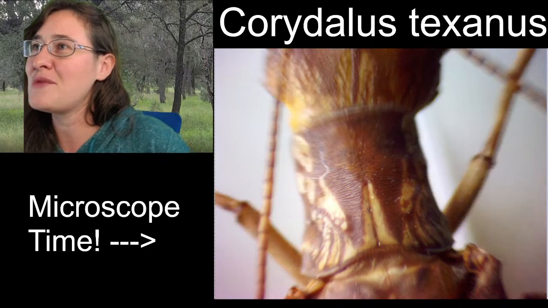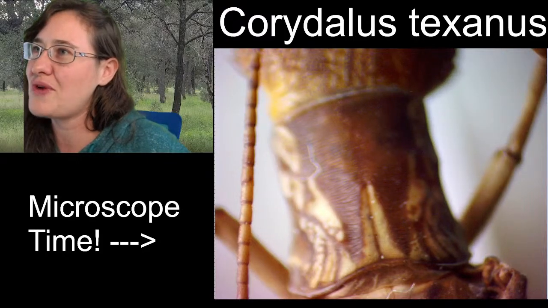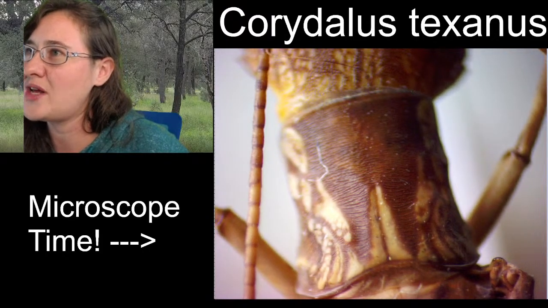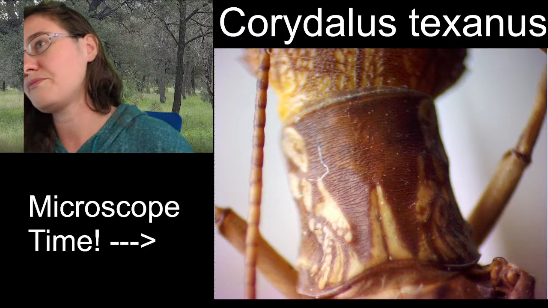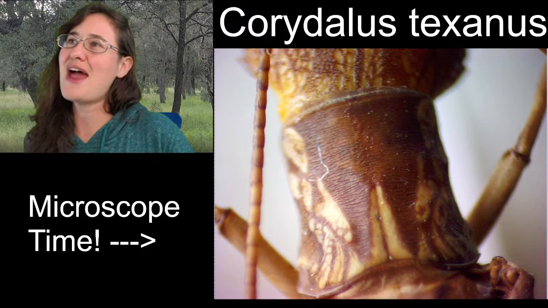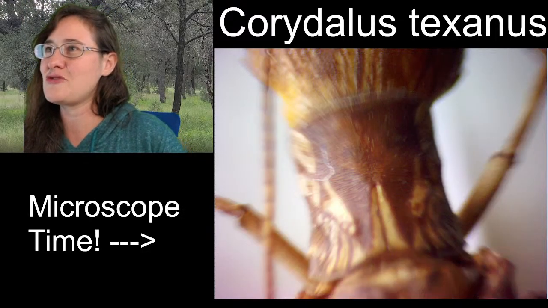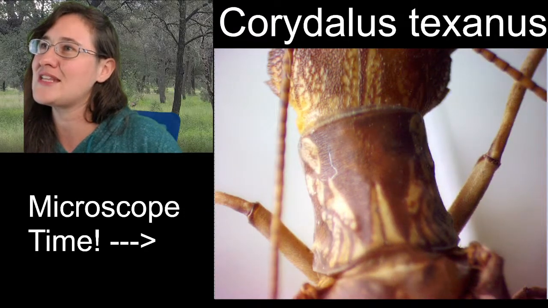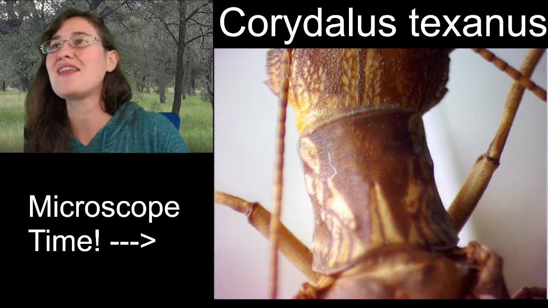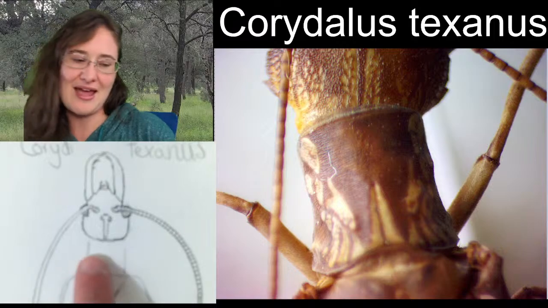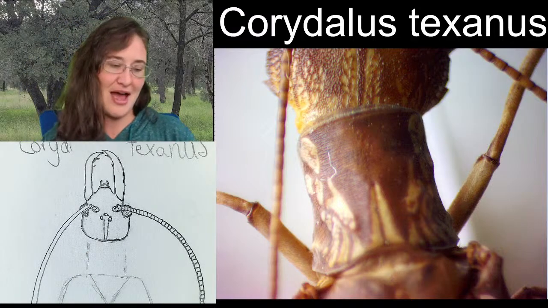The pronotum has a very different texture. Rather than looking flaky, this one looks almost bark-like, but I love the designs in the pronotum, so I'm going to zoom it out a little bit so we can see its comparison with the width of the head, but let's go ahead and get our pronotum sketched.